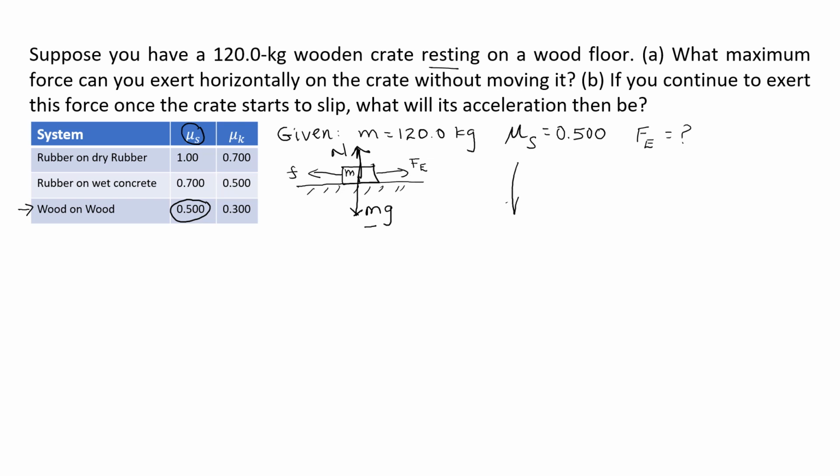If you have the exerted force on the horizontal axis and the friction force on the vertical one, every time you increase the exerted force, the friction force will increase linearly until it reaches a certain value, and then it starts to move.